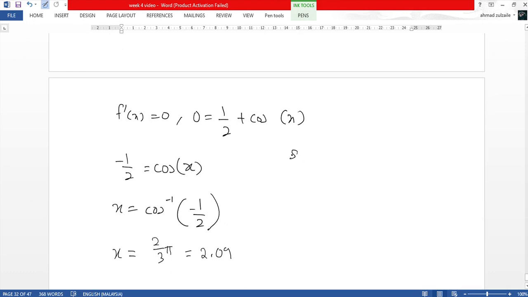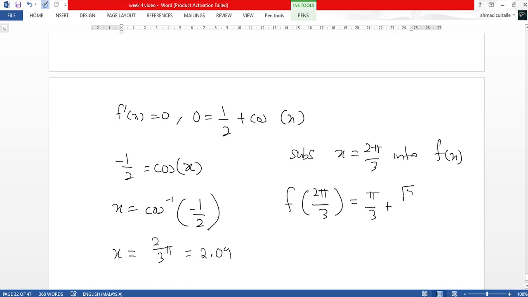So substitute x equal to 2 pi over 3 into f(x). So substitute f of 2 pi over 3. You press your calculator, you will get here pi over 3 plus square root of 3 over 2, or is equal to 1.913.